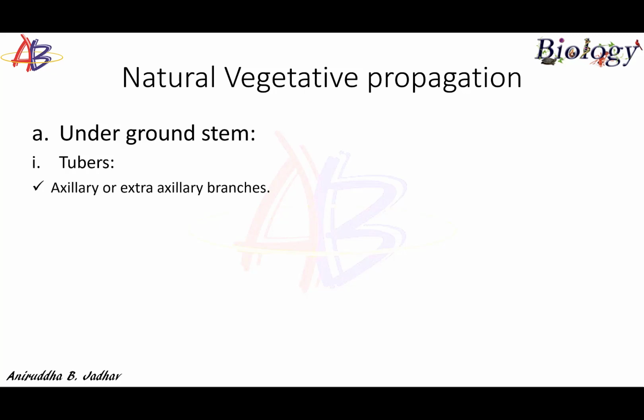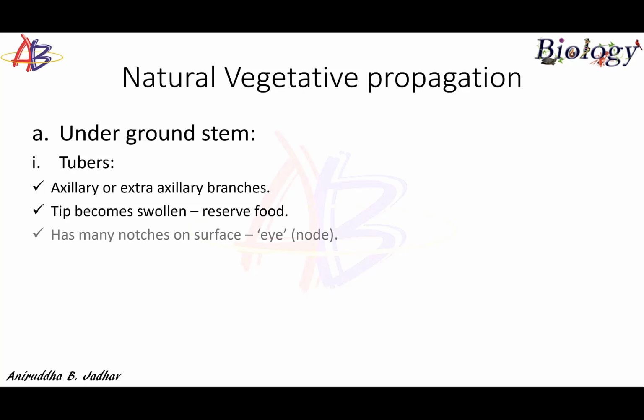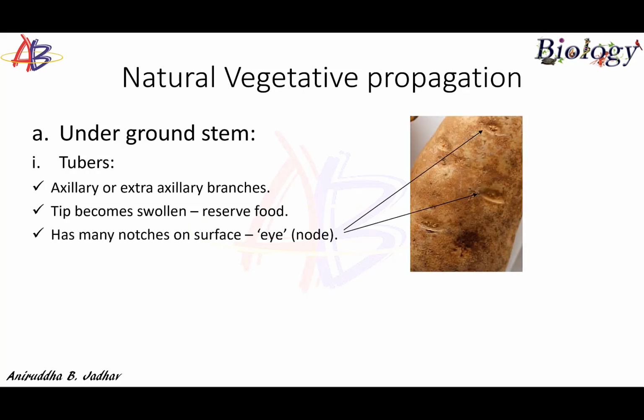In plants like potato, the underground stem produces axillary or extra-axillary branches. The tip of such branches becomes swollen due to the storage of reserve food, and ultimately it is called a stem tuber. A stem tuber has many notches on its surface called eyes.